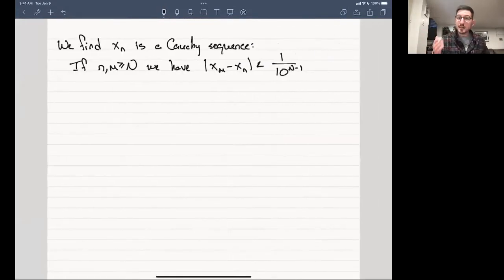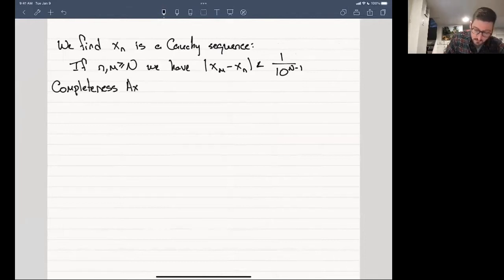And this leads to the natural construction of the real numbers. So we had the Archimedean ordered field axioms that we assume. If we append one more axiom, then we whittle ourselves down from both the rational numbers and the real numbers to just the real numbers. And this is what's called the completeness axiom of the real numbers.